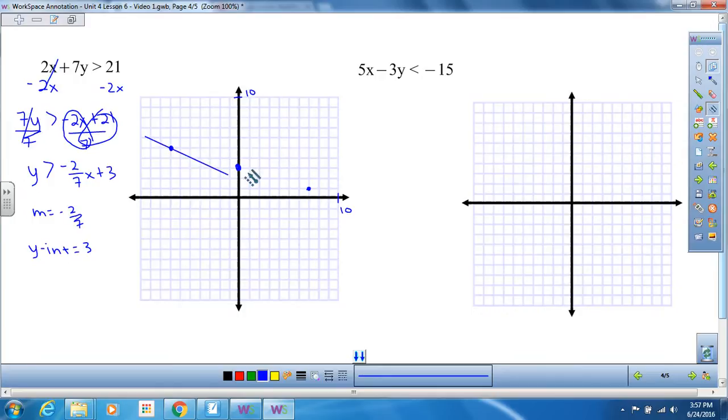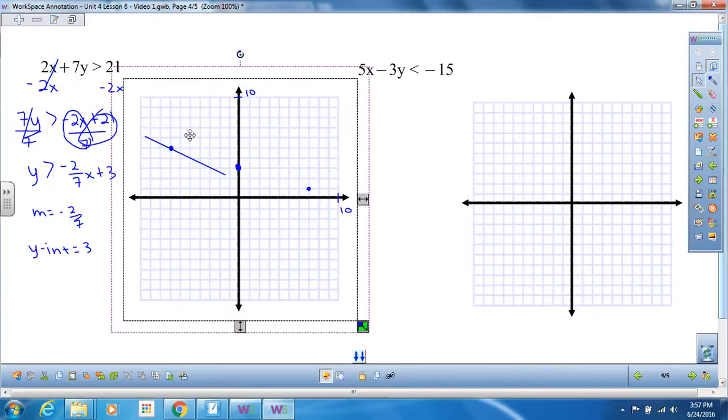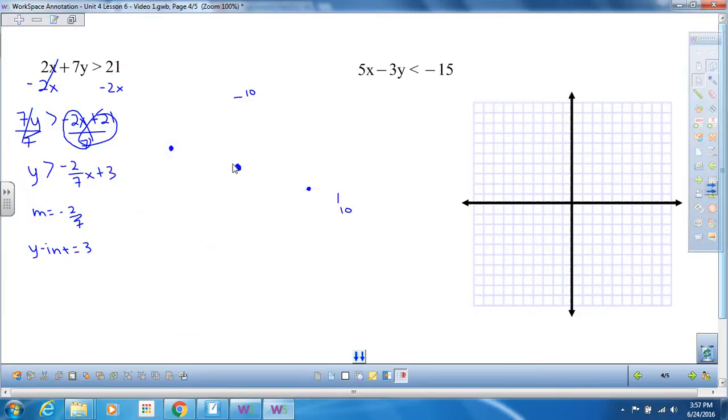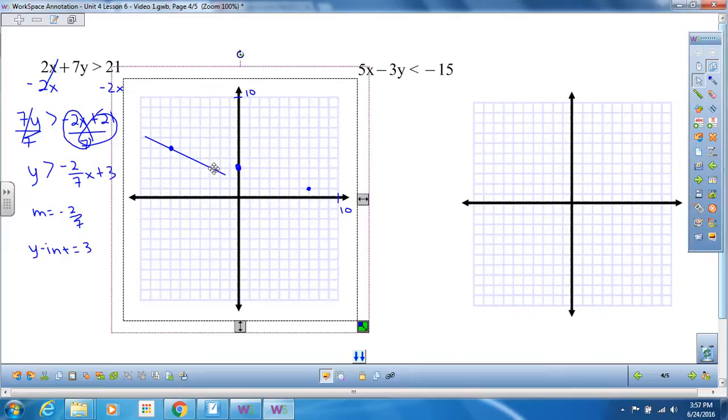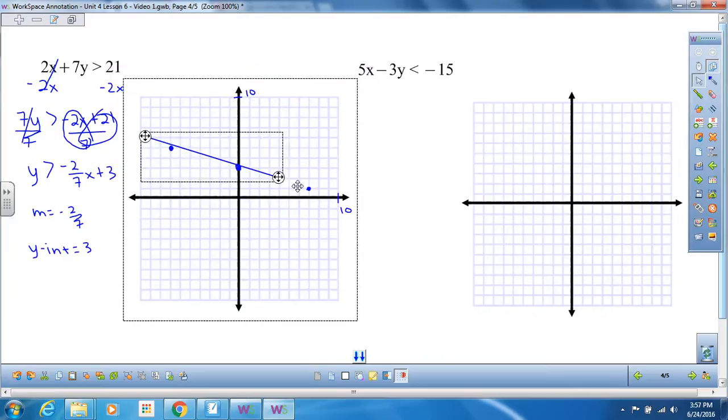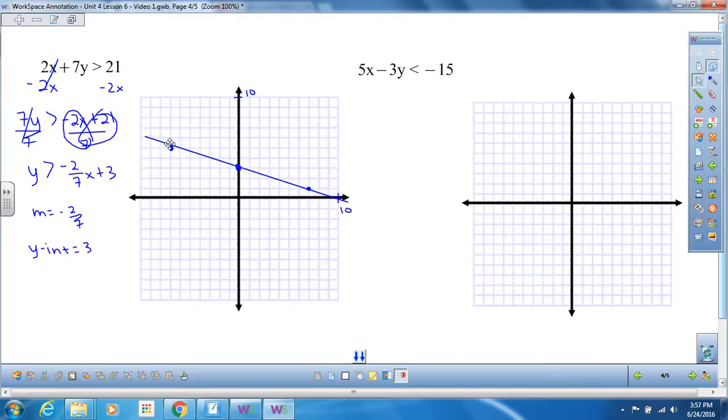Hold on a second. Let me go ahead and draw this in. I'm not sure why it didn't change for me.